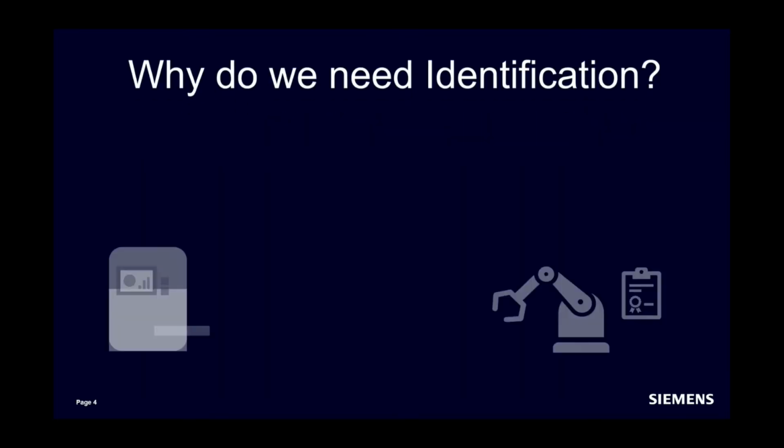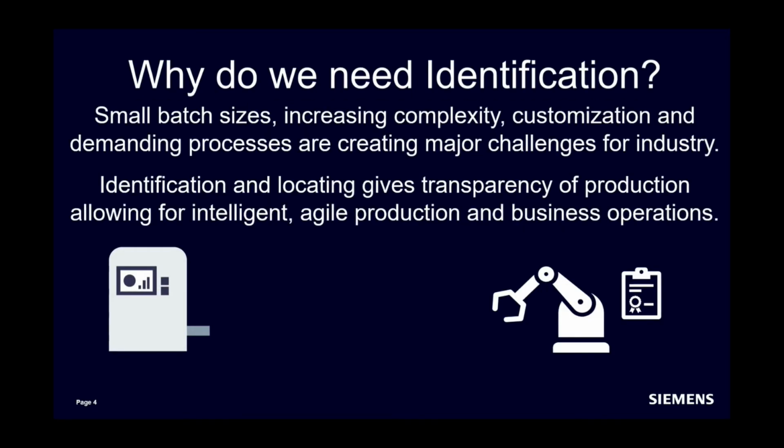As I say, why do we need it? Small batch sizes, increasing complexity, the speed and agility of your businesses all need to be increased in this day and age, especially with the economic climates at the moment, having to change over products, having to change over components due to supply, all that sort of thing.